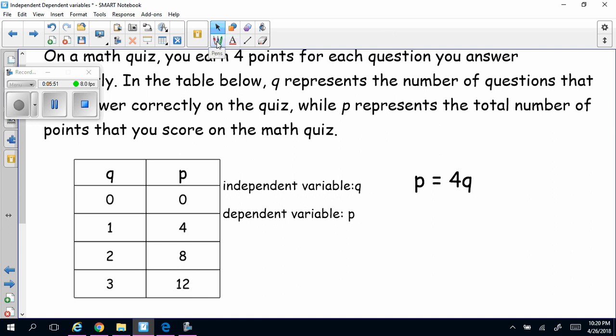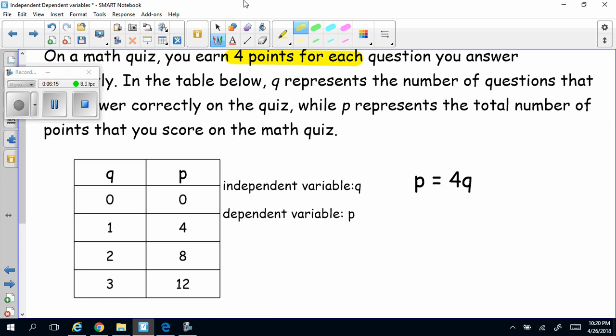Now, let's go back up here. 4 here represents 4 points for each question. Look at the keyword each. That goes with our keyword going with multiplication. So 4 and Q, their relationship is being multiplied, where there's 4 points for each question I got right.